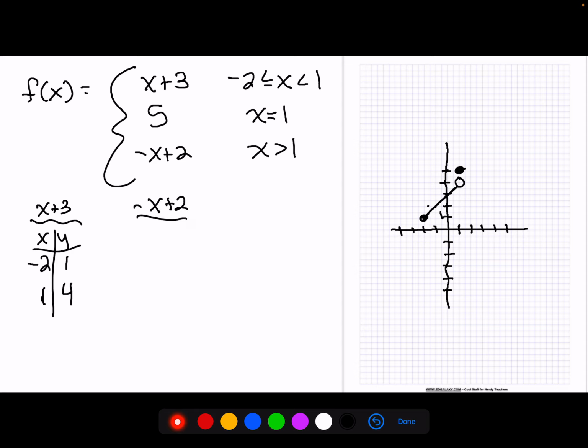Once again, we'll put in 1 just to see what that endpoint looks like, but it'll be an open circle. So at (1, 1), it's going to be an open circle. Then (2, 0), (3, -1). And that's linear, so you can draw a nice smooth arrow going down to the right.